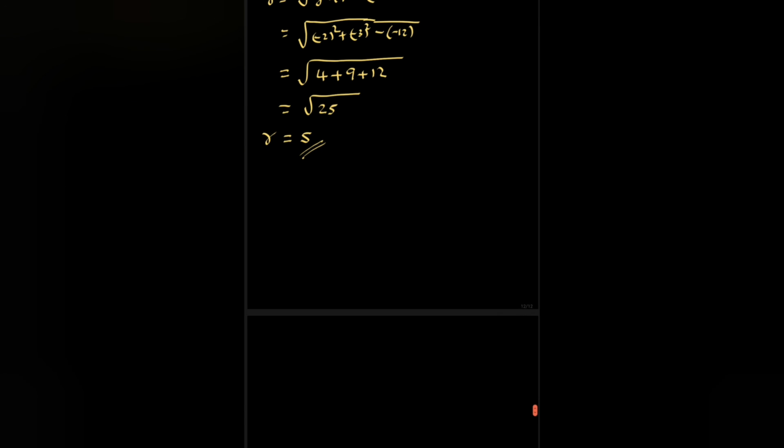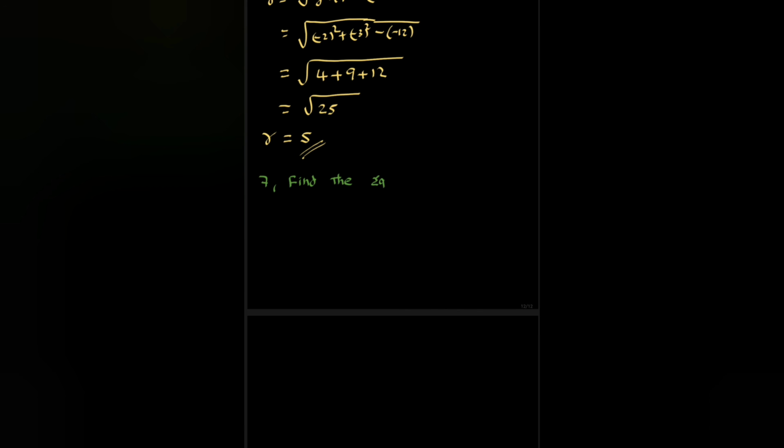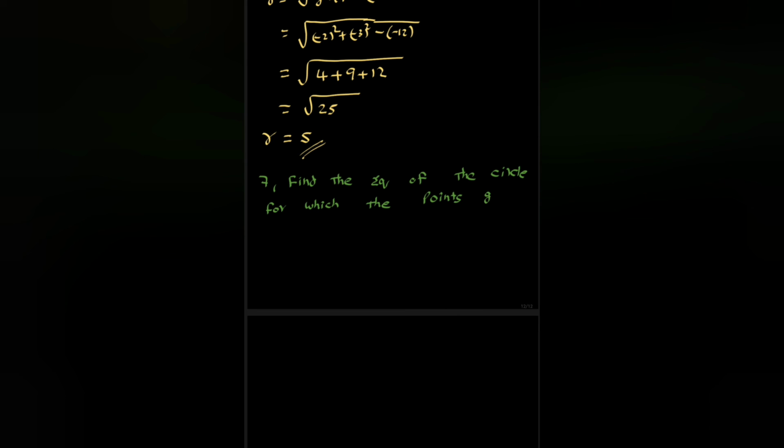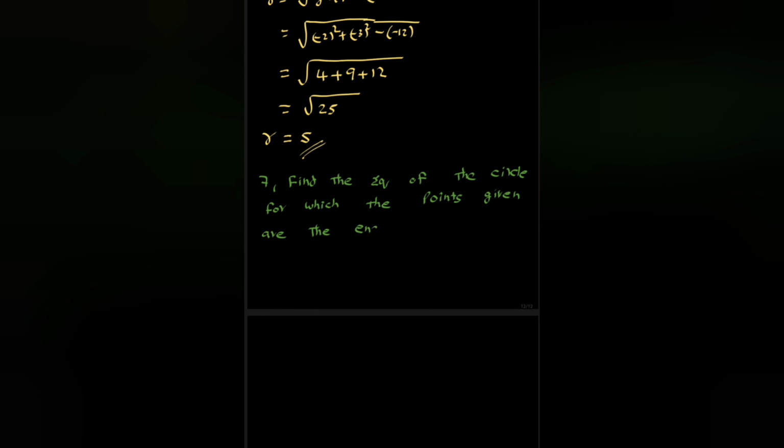Moving on to the next question, the 7th one. Find the equation of the circle for which the given points are the endpoints of a diameter.